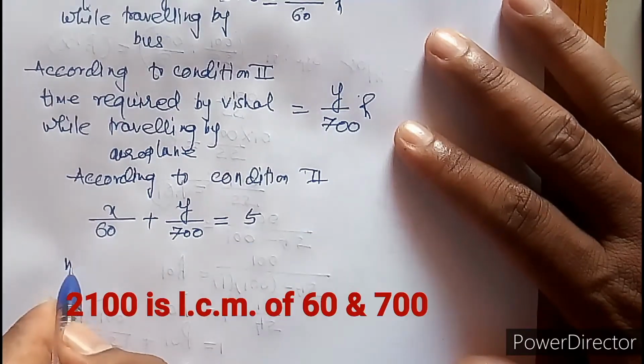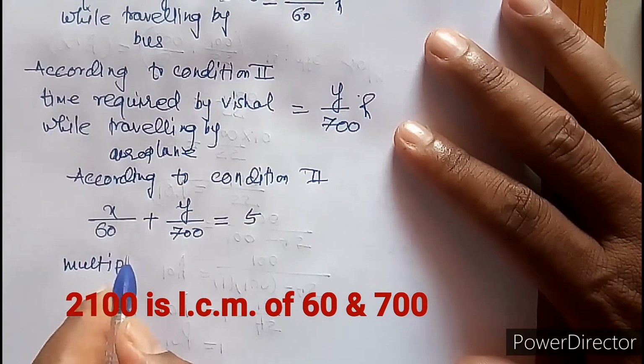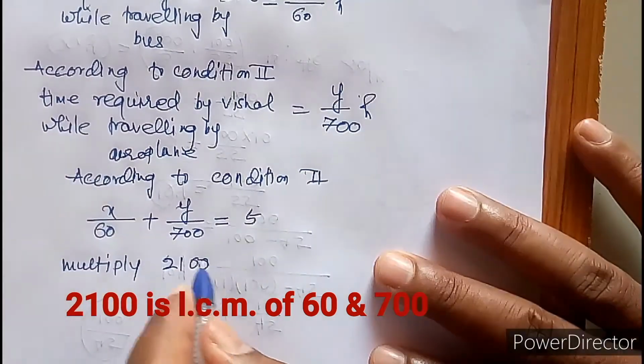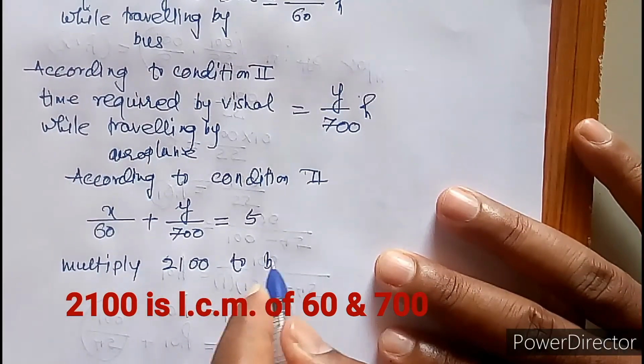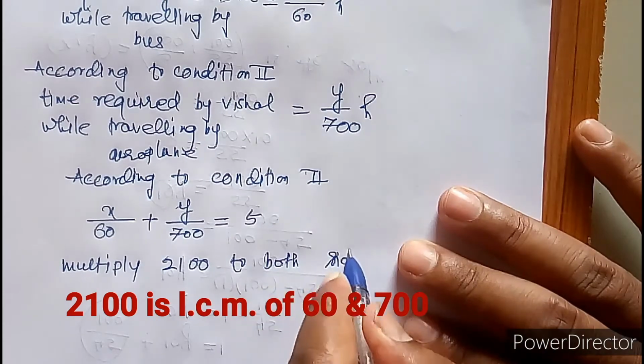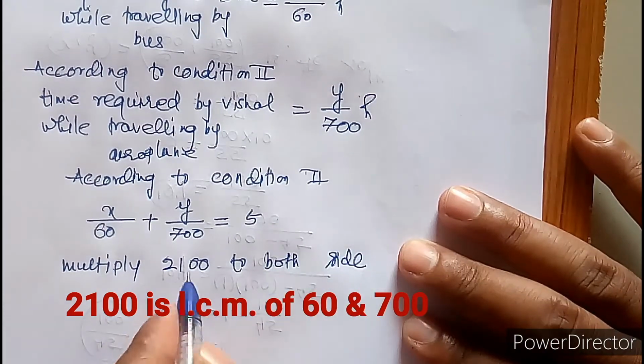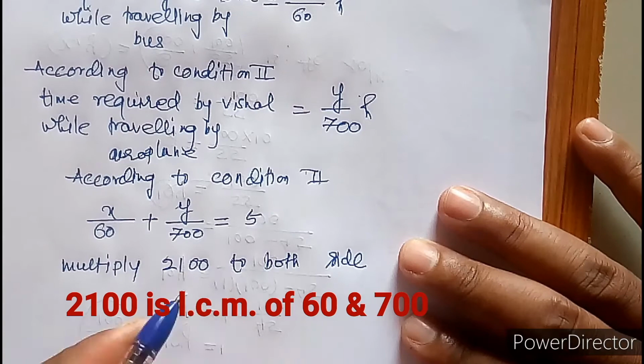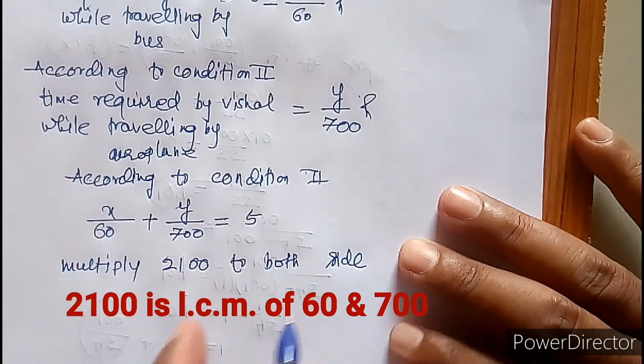Now we multiply 2100 to both sides. This 2100 is the LCM of 60 and 700.